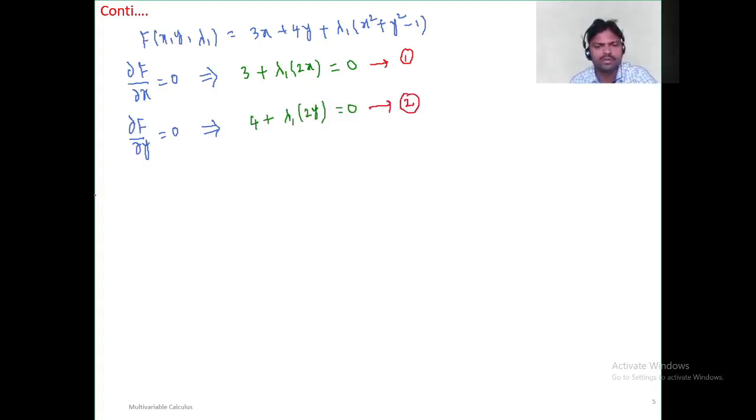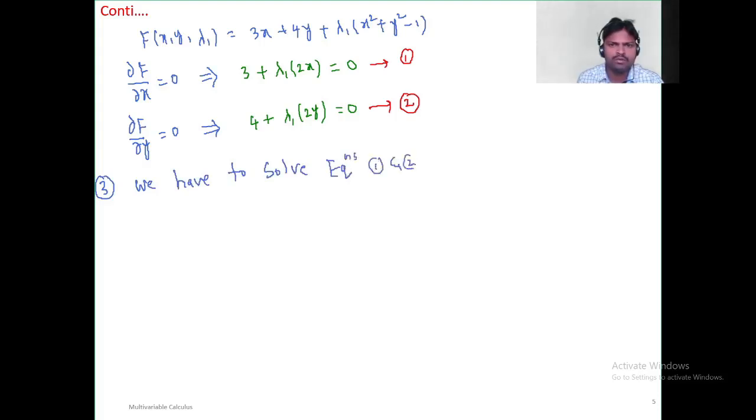Next, what is the third point in the methodology? The third point is we have to solve equations 1 and 2 with the constraint, right? That is the third point.